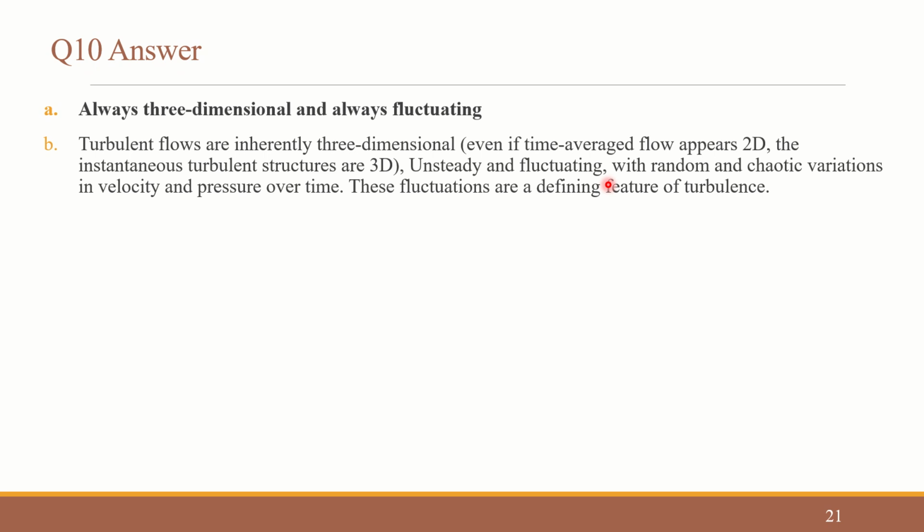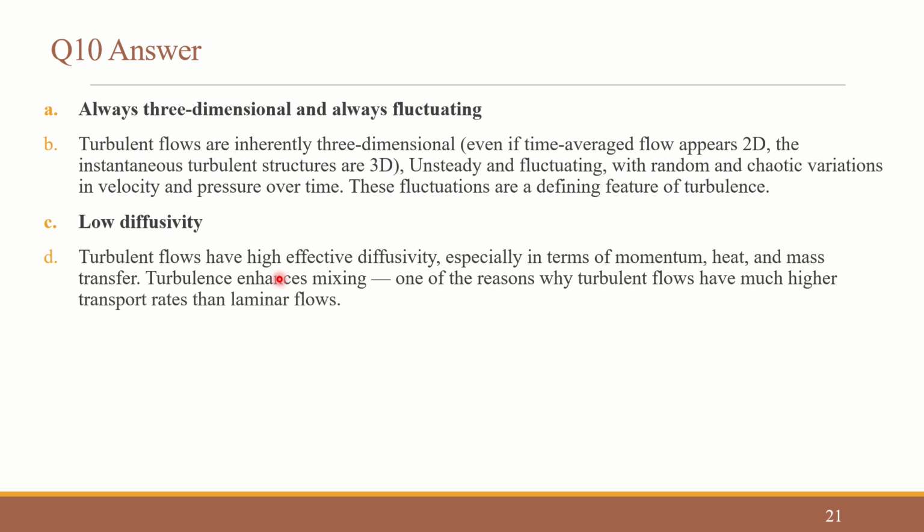So the first one is true. Second one, low diffusivity. When we talk about turbulent flows, we know these systems have high diffusivity and not low diffusivity. Turbulent flows have high effective diffusivity, especially in terms of momentum, heat, and mass transfer. Turbulence enhances mixing, one of the reasons why turbulent flows have much higher transport rates than laminar flows.